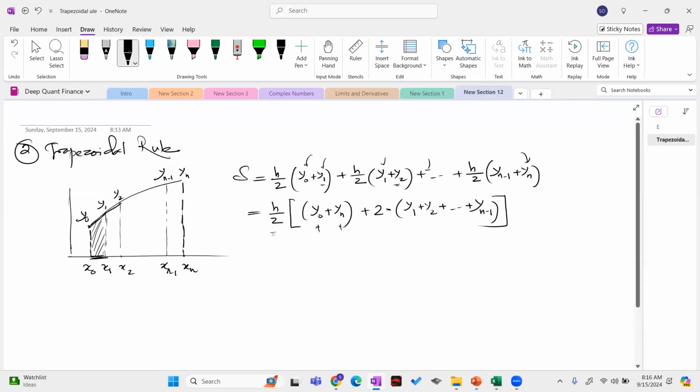All the y values are there, and they have respective weights. y0 gets a weight of 1, yn also gets a weight of 1. Weight means coefficient. All the other y's get a coefficient of 2. That is what I have to ensure, and then just do a sum product. That's all. So let's see the implementation in Excel.